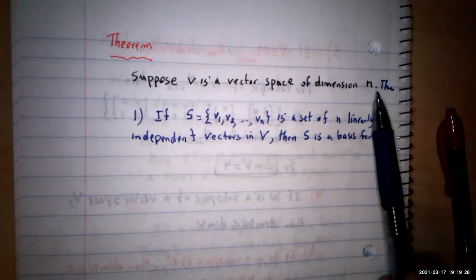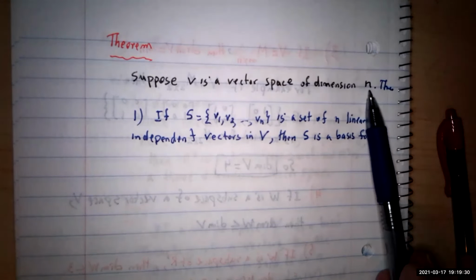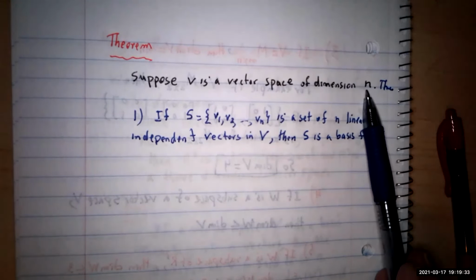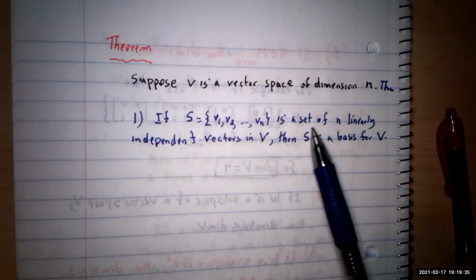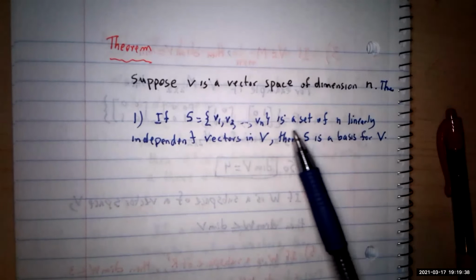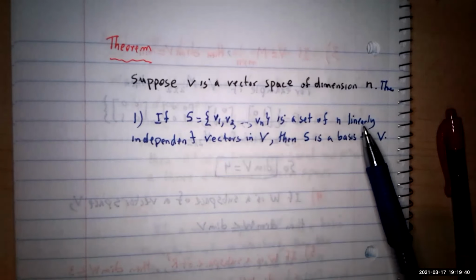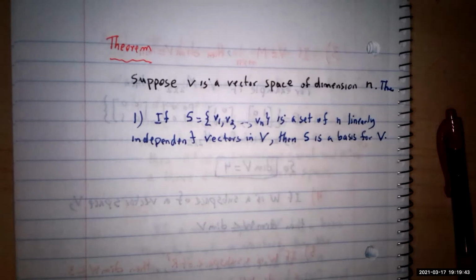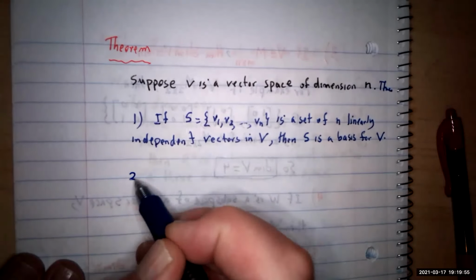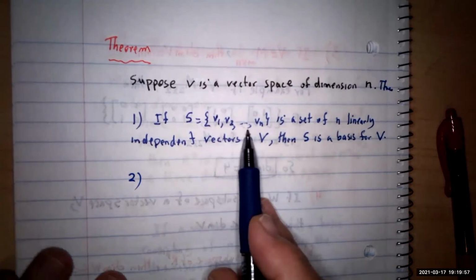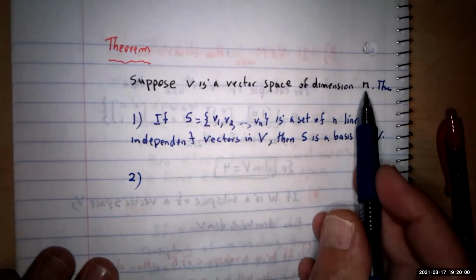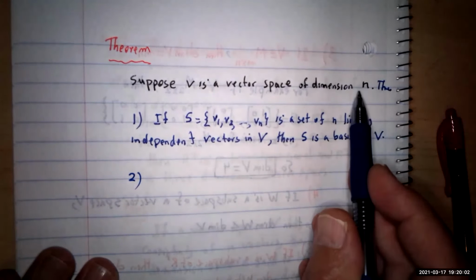But if you already know the dimension is n, then any set of n linearly independent vectors would span the vector space. You don't have to prove the spanning; just prove that it's linearly independent and you're done. It's the same thing for spanning sets, but they must have n elements because the dimension is n.